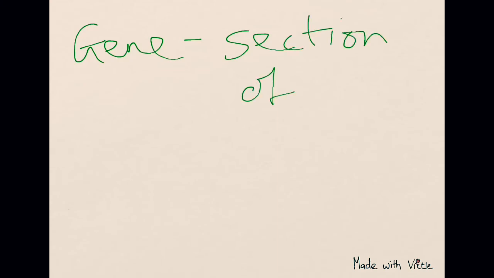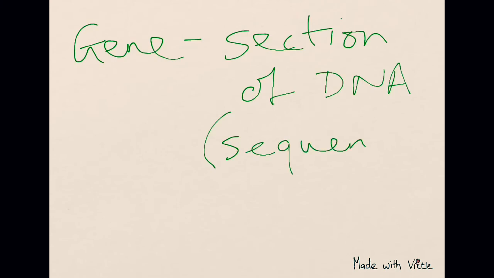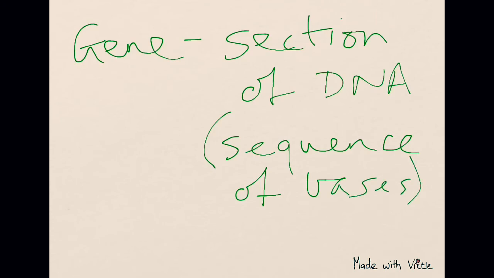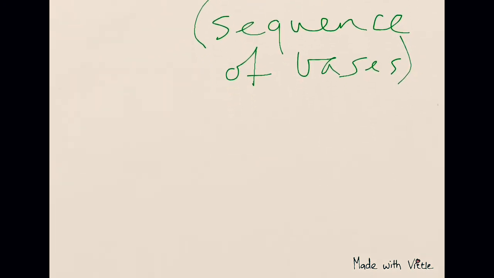A gene is a section of DNA, or a sequence of bases. And what does that section of DNA or sequence of bases do? It codes for one protein.